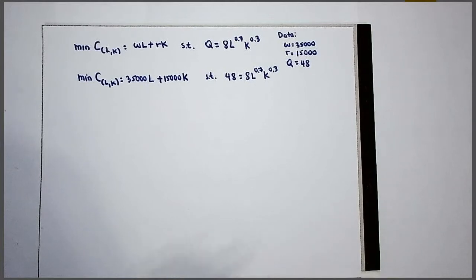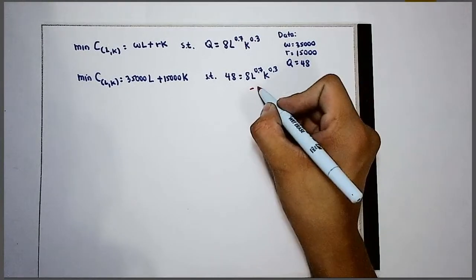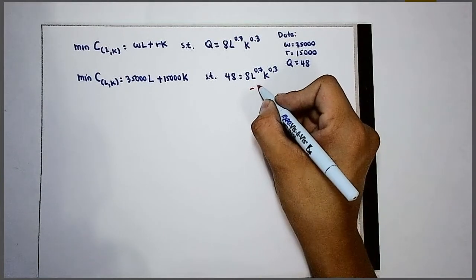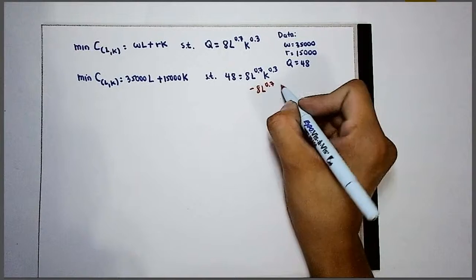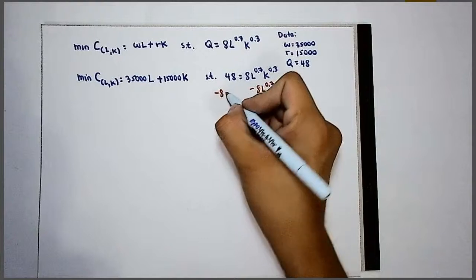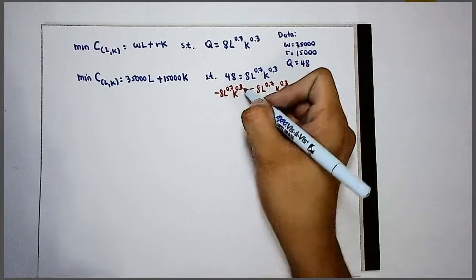Now remember that in order to use the restriction, which in this case is the production function, we need to leave one of the sides equals to 0. For convenience, let's subtract both sides by 8L to the 0.7, K to the 0.3. So both sides we will subtract the entire function.